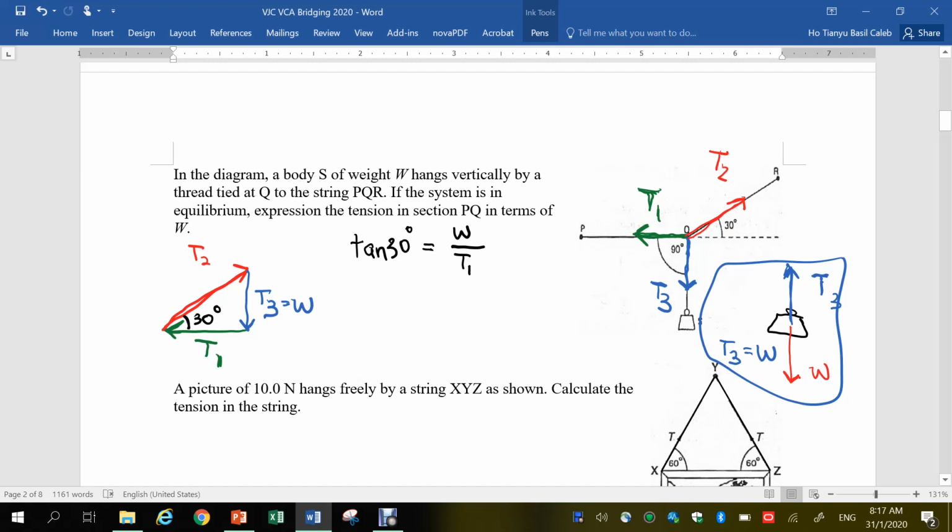So if you want the tension in section PQ, T1, we express it on the left-hand side, we make it the subject. We rearrange the equation, we get W over tangent 30. And that's your answer. It's as simple as this.